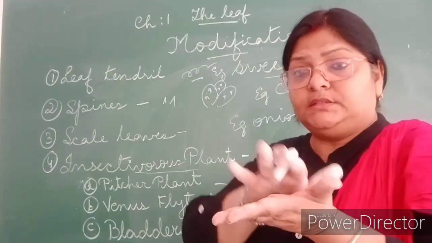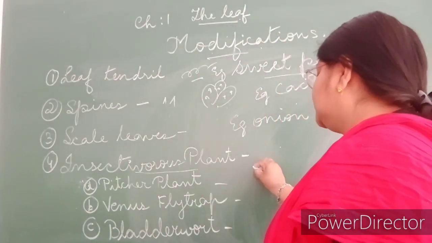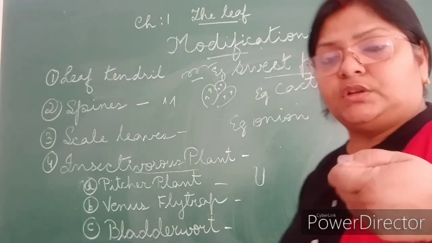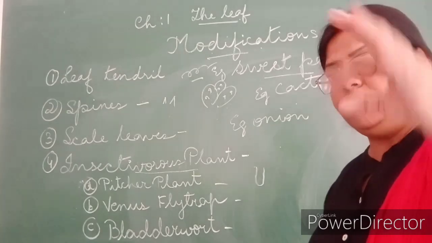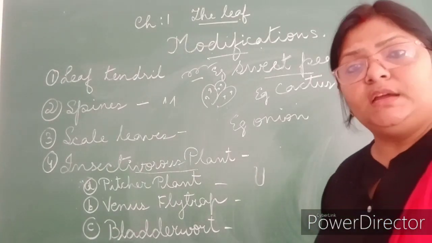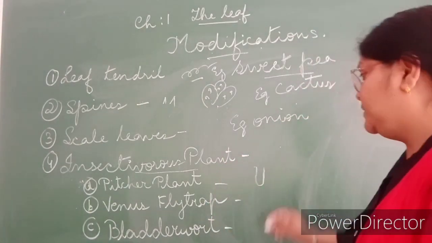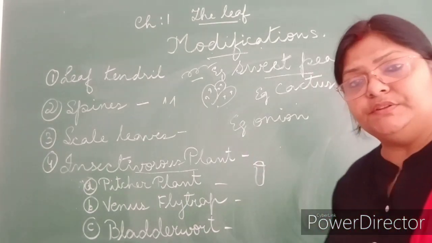The lamina, that is the broad flat part of the leaf, the leaf blade, is modified into a pitcher-like structure. Pitcher, in which you have heard the story of the crow dropping pebbles. So it forms a pitcher-like structure. The leaf apex, that is the tip of the leaf, modifies into a lid.